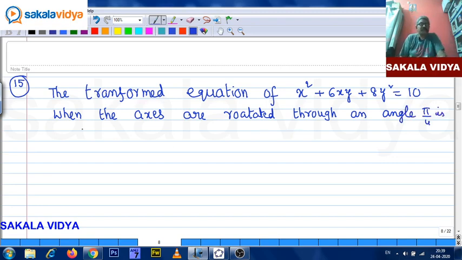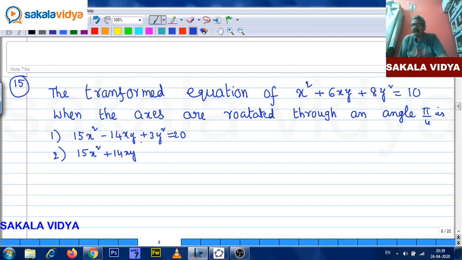Okay, first option is 15x square minus 14xy plus 3y square is equal to 20. Second one, 15x square plus 14xy minus 3y square equal to 20.